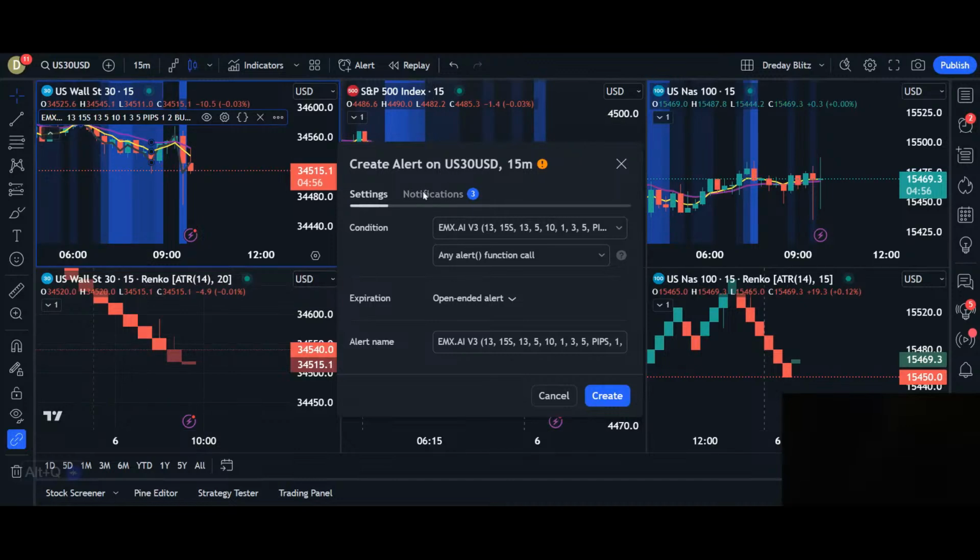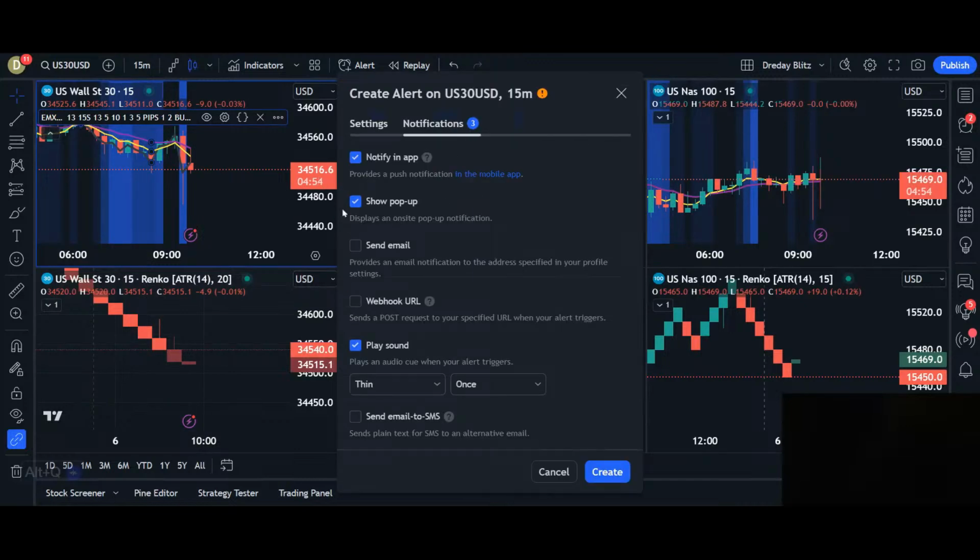After that, you go to the notification section and make sure the notification is on in app, so you receive it in your app if you're on mobile, and on TradingView on your desktop.